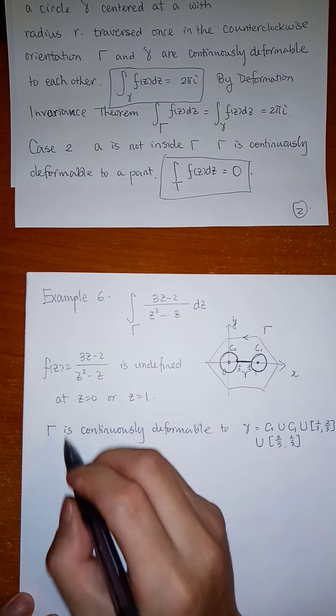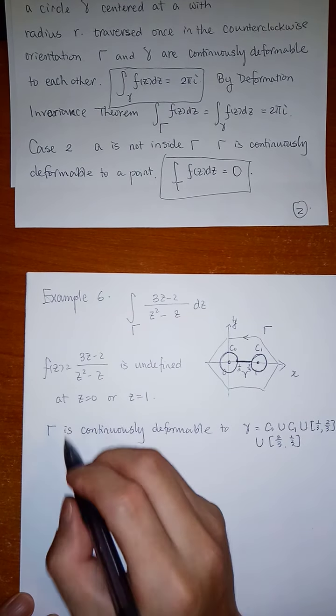So the integral of f over gamma is equal to the integral of f over little gamma. In the little gamma, you go from left to right once and right to left once, so they cancel. So you only have the 2 counterclockwise oriented circles.